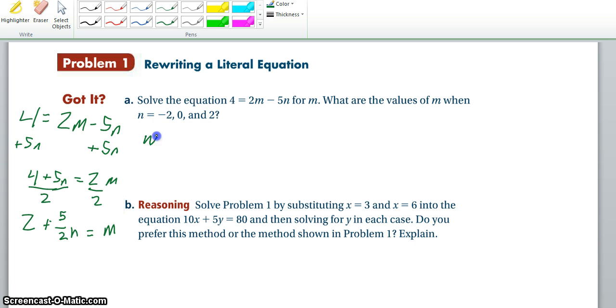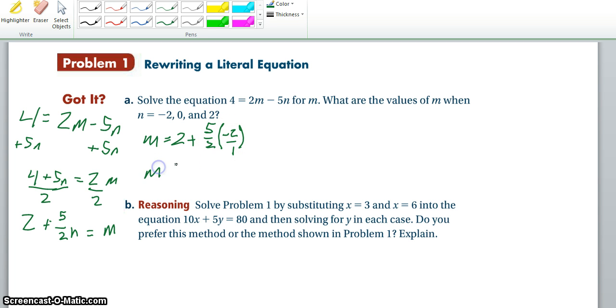So we can now say m is equal to 2 plus 5 halves times negative 2. And what's nice about this is if we set up negative 2 over 1, the 2s on top and bottom cancel each other. They leave just the negative.